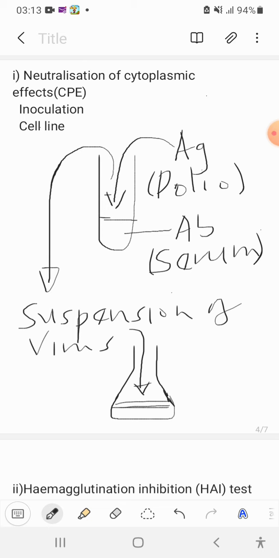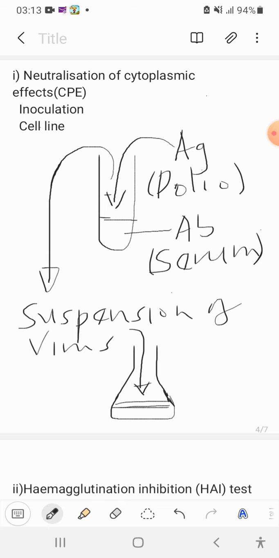If you see cytopathic effects, then you did not have the antibody of polio in the person's serum. That is negative.